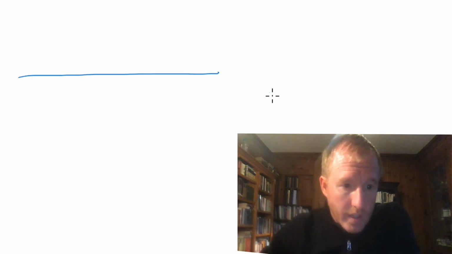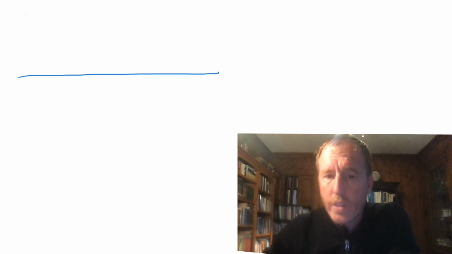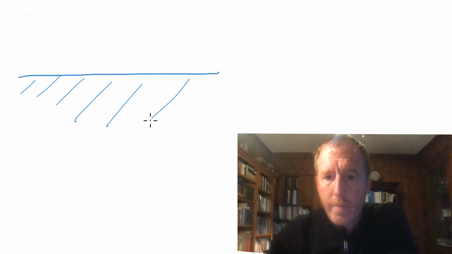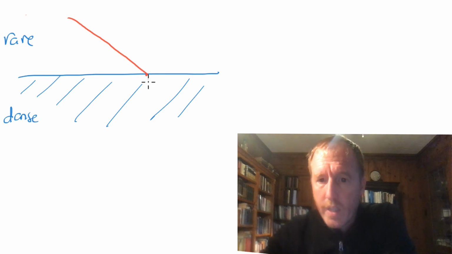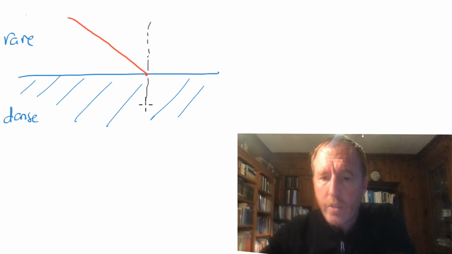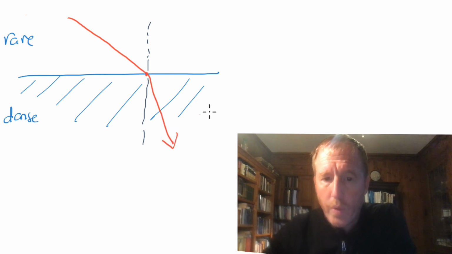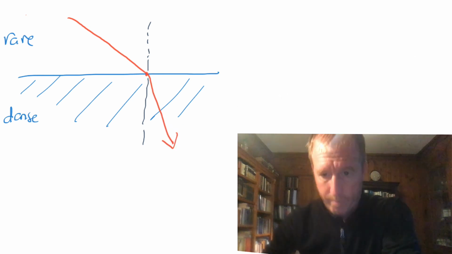Well, he says that if you're coming out of a rarer medium, so let's suppose we have a rare medium up here and a more relatively dense medium right here, and you're wondering about what happens to this light beam when it goes into the dense medium, he says if you were to draw a perpendicular or a normal, then the refraction would be toward the perpendicular if it's going into a denser medium.